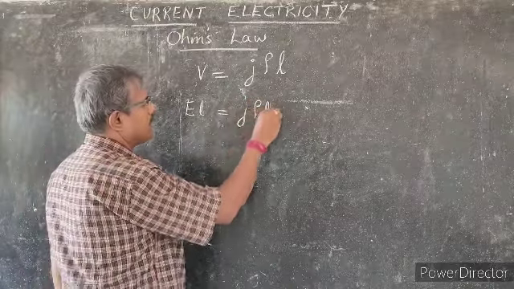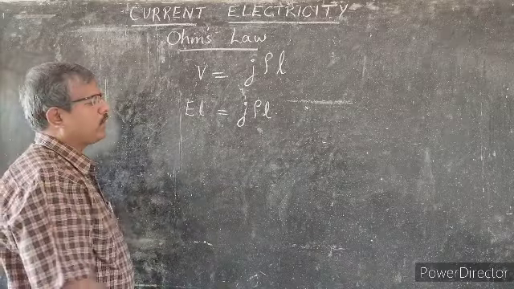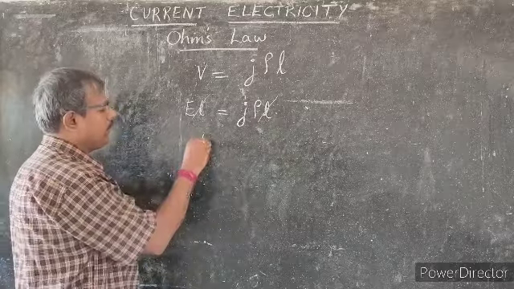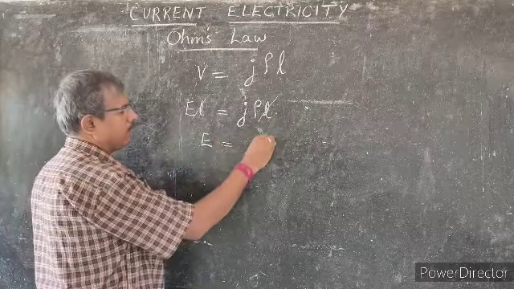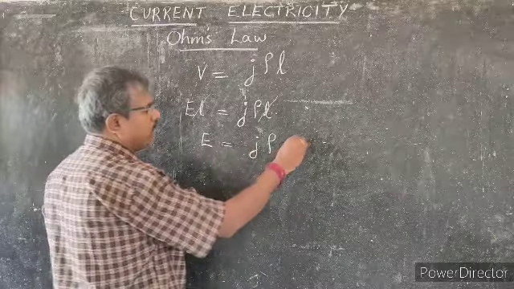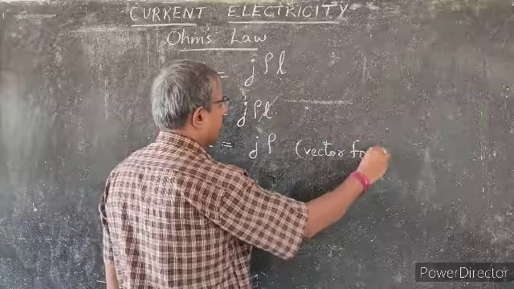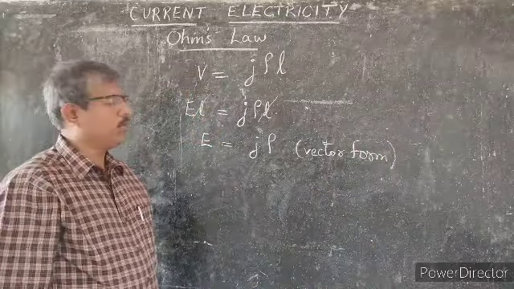So then the equation reduces to EL is equal to J rho L. So L and L get cancelled out. So what I am left with is E is equal to J into rho. This is in vector form, because current density and electric field are both vectorial quantities.